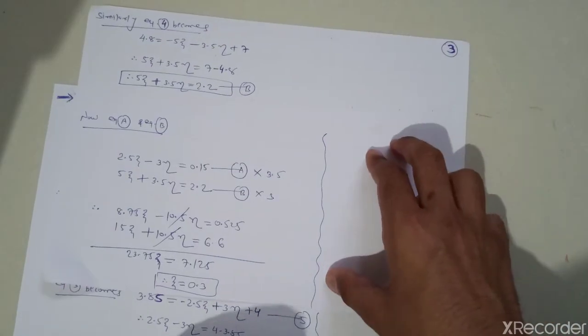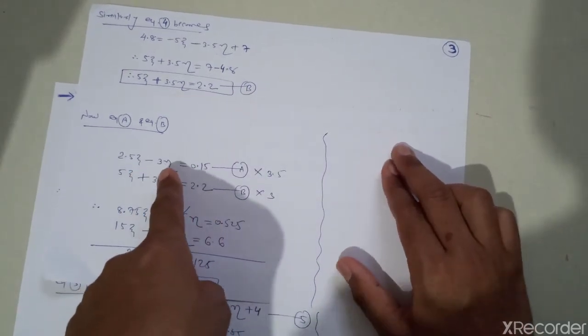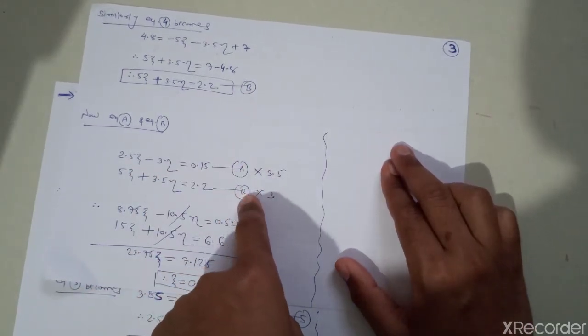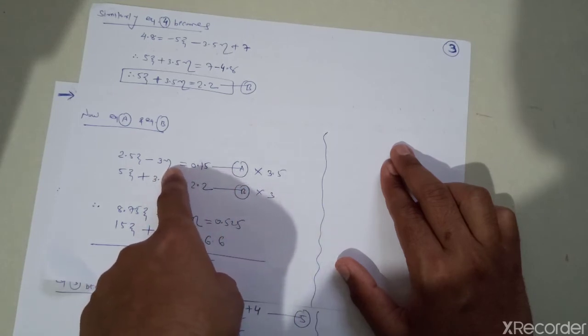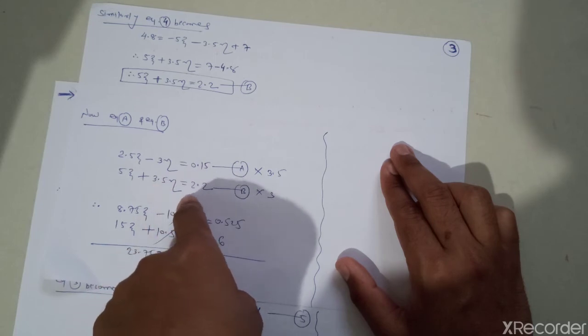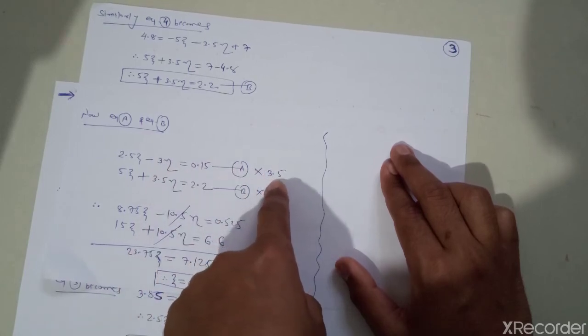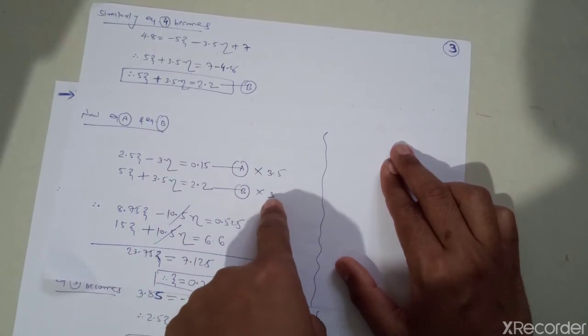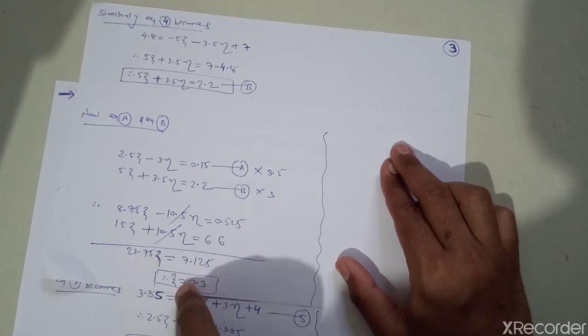So we have two equations, A and B. Now we write down these two equations. Here is minus 3 eta and this one is plus 3.5 eta. So we multiply equation A by 3.5 and equation B by 3. We get the final answer zeta is 0.3.